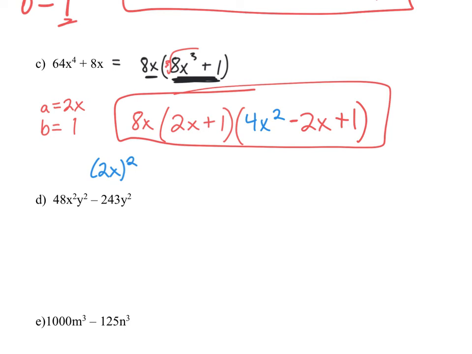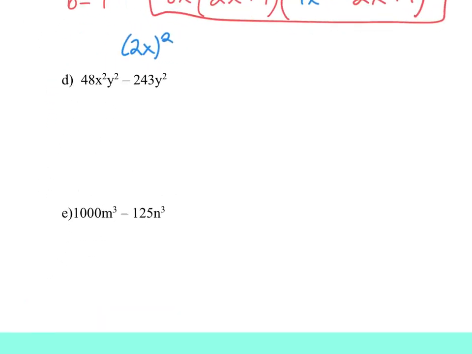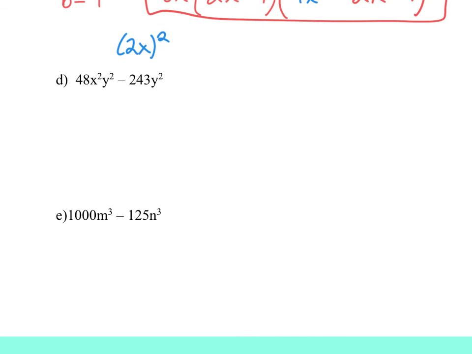Okay, letter D. We first check, do 48 and 243 have anything in common? They both have a y squared, okay. What about the numbers themselves?